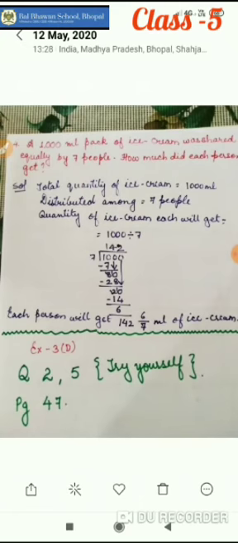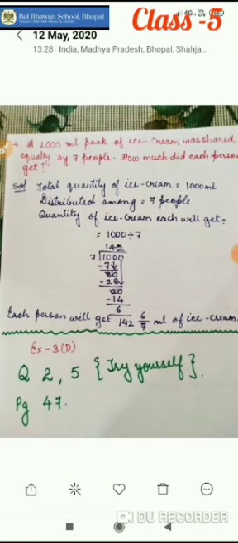1000 divided by 7 will be, first we will take 1, ones are 7, 10 minus 7 is 3. Bring down the 0, it has become 30. 7 fours are 28. 30 minus 28 is 2.